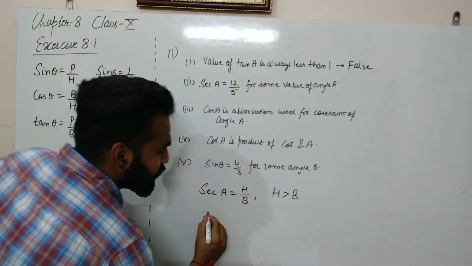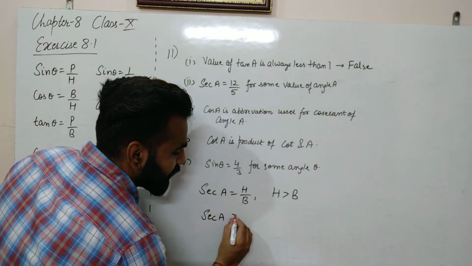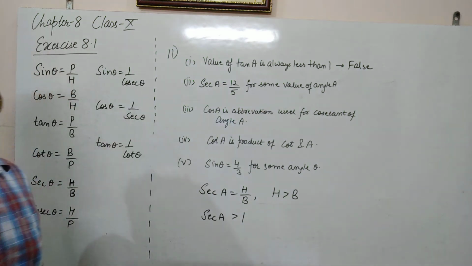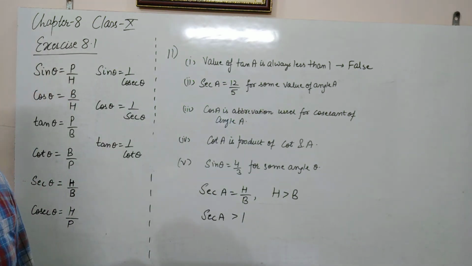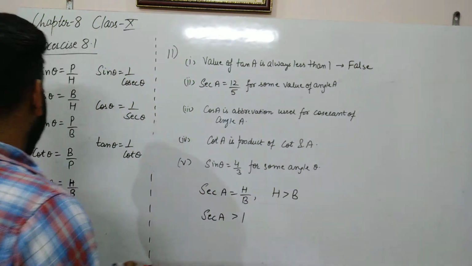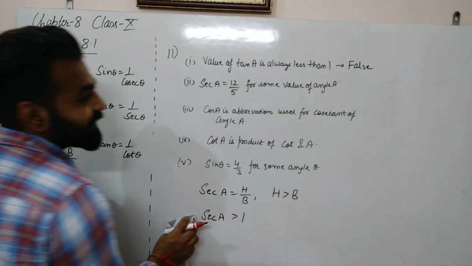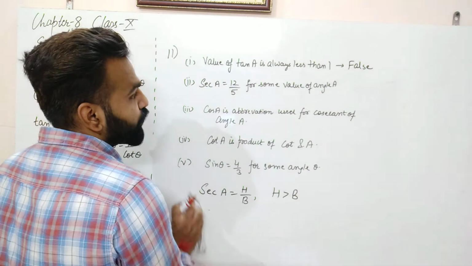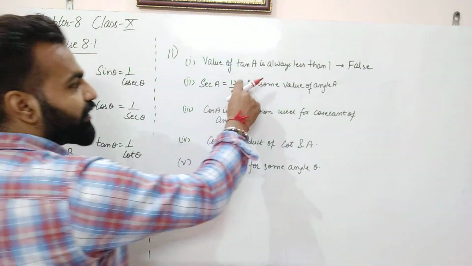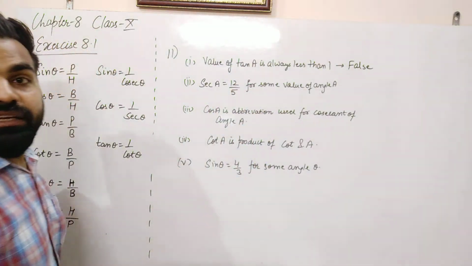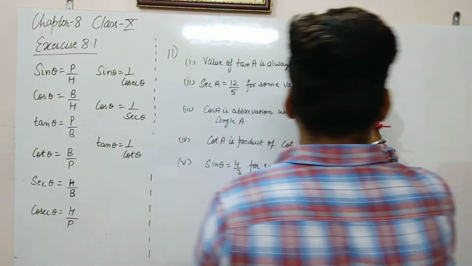So this value, secant A, will always be greater than 1. Clear? So this statement is true, because here the value 12 by 5 is greater than 1. So this is true.